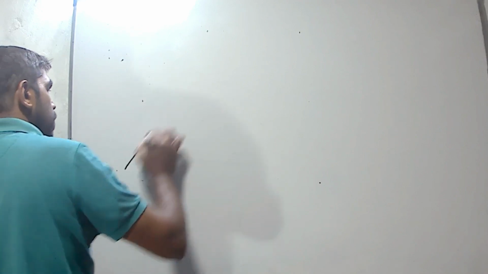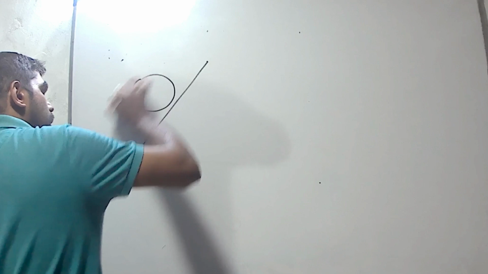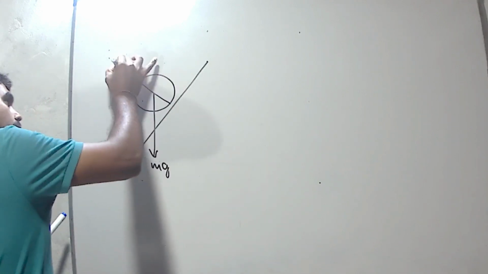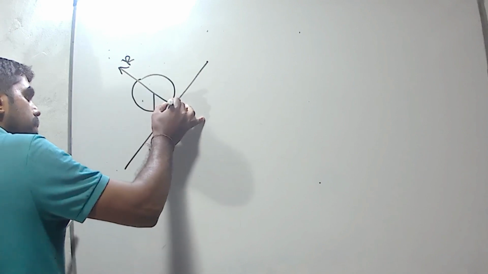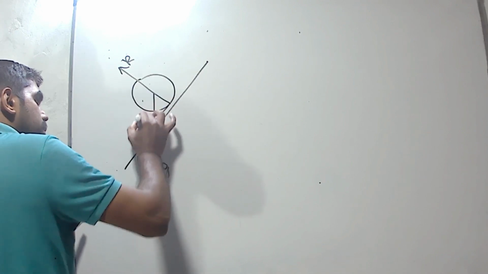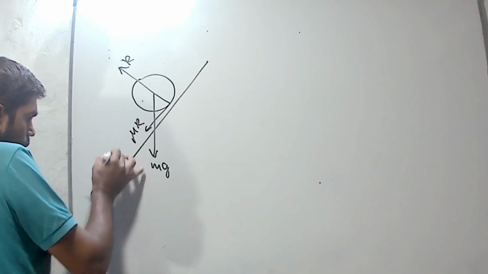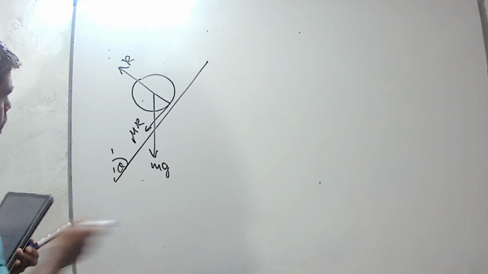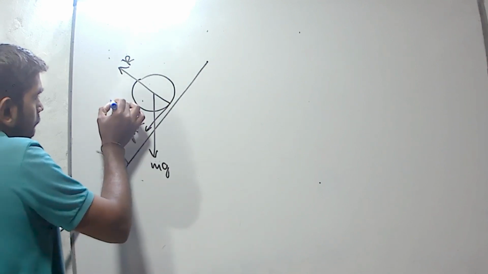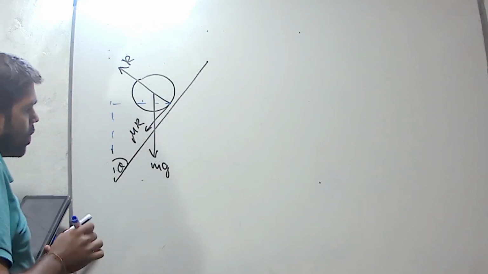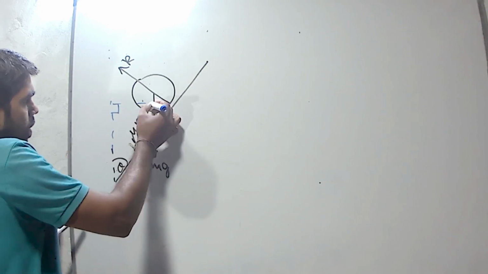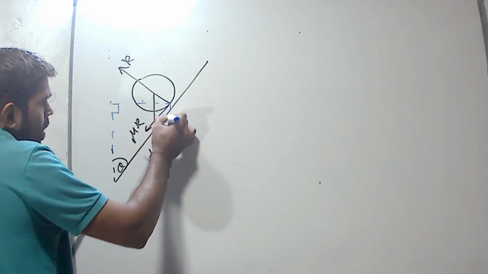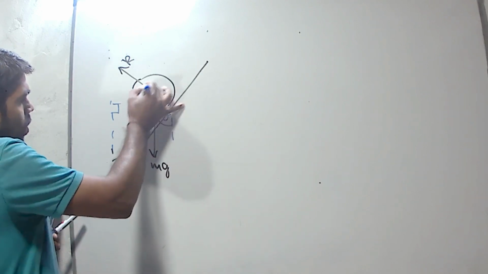It will be useful to understand the angles. mg, R, mu R. This angle is theta. Then we can draw a right angle triangle like this. This one is 90. This angle is 90 minus theta. It means this angle is theta, and this angle also theta.